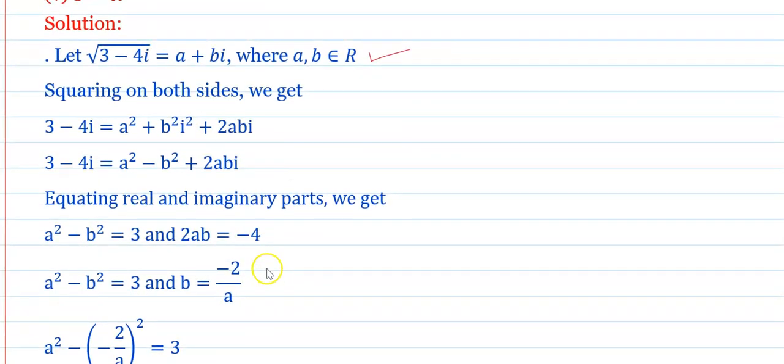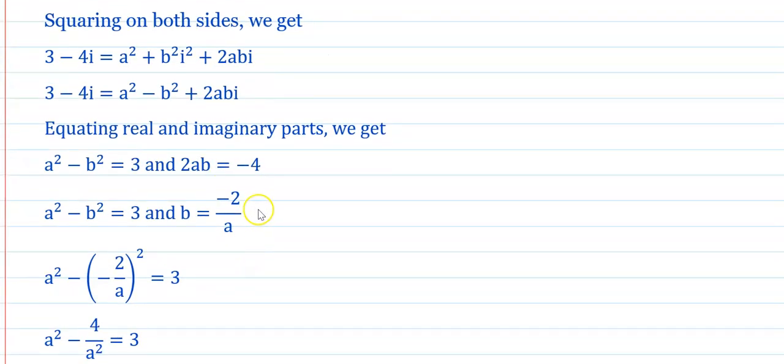Equating the real and imaginary parts, we get a square minus b square is equal to 3, and 2abi is equal to minus 4i. i gets cancelled on both sides, and hence you will get 2ab is equal to minus 4, and therefore ab is equal to minus 2, and that's why b is equal to minus 2 upon a.